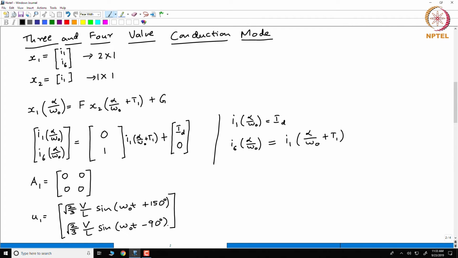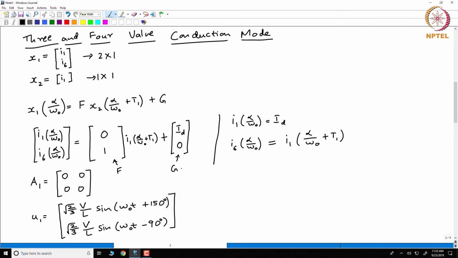Now if we want A2 and U2, we have to just consider the second subinterval. So far what we have done is we have found A1 U1, but before that we also found F and G. Please note this matrix 0 1 is F and this matrix 1 0 is G. So the only thing to be determined is A2 U2.